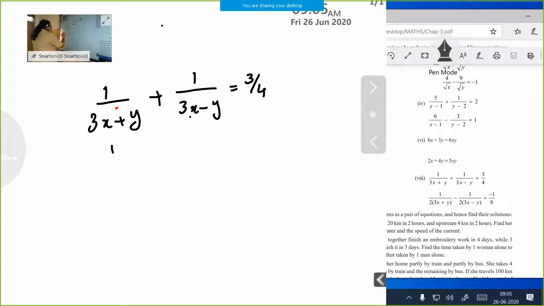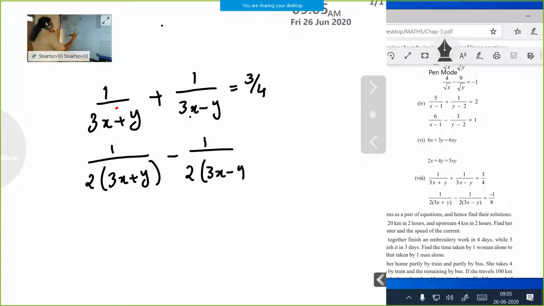And second equation, 1 by 2 into 3x plus y minus 1 by 2 into 3x minus y is equal to minus 1 by 8. That is our equation.